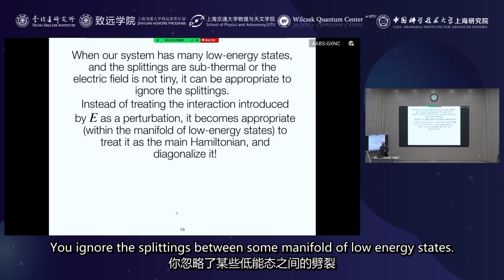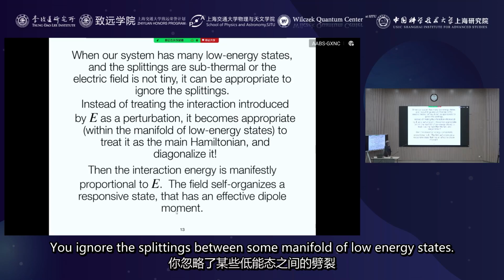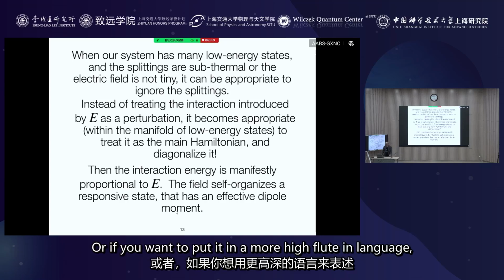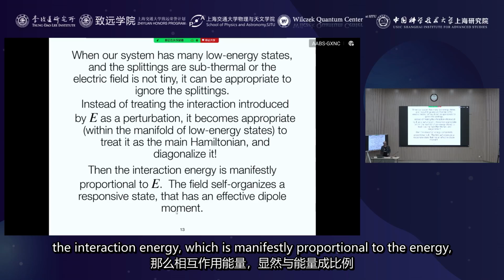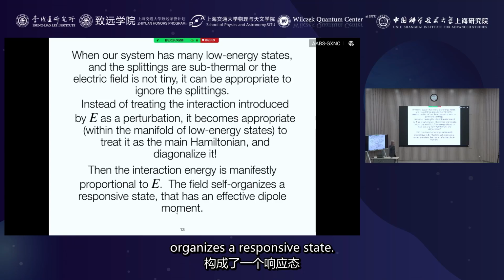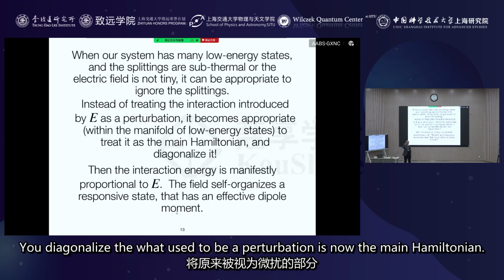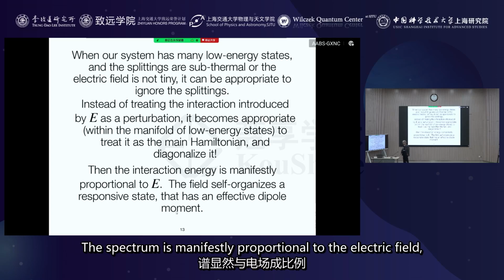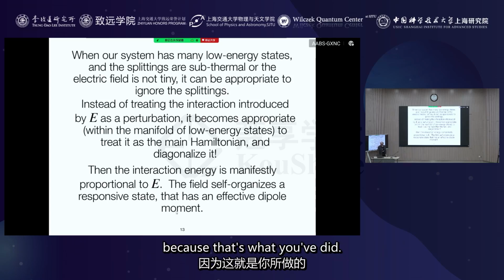You ignore the splittings between some manifold of low energy states. Or in more highfalutin language, the interaction energy organizes the states. You diagonalize what used to be a perturbation, now the main Hamiltonian, and the spectrum is manifestly proportional to the electric field because that's what you've diagonalized.